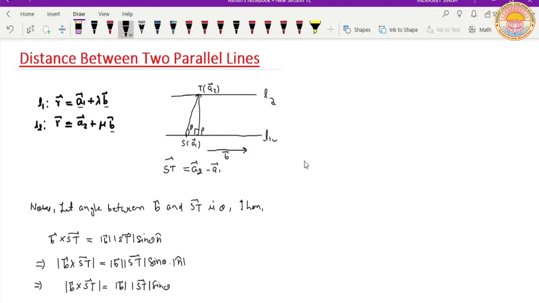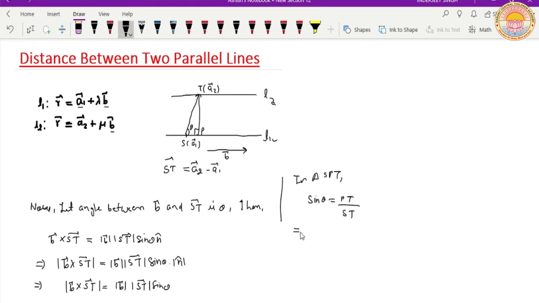So in triangle SPT, sin theta is equal to perpendicular PT upon ST.